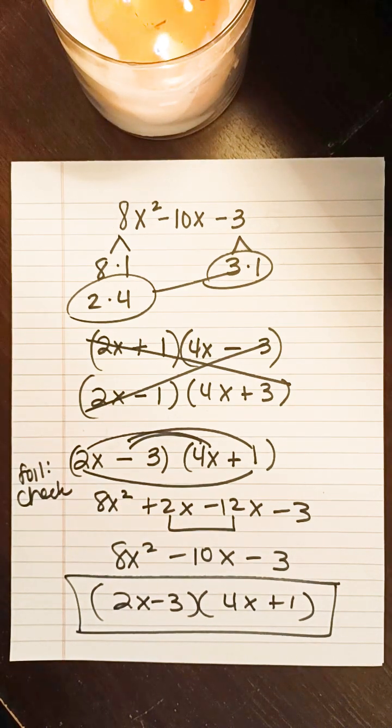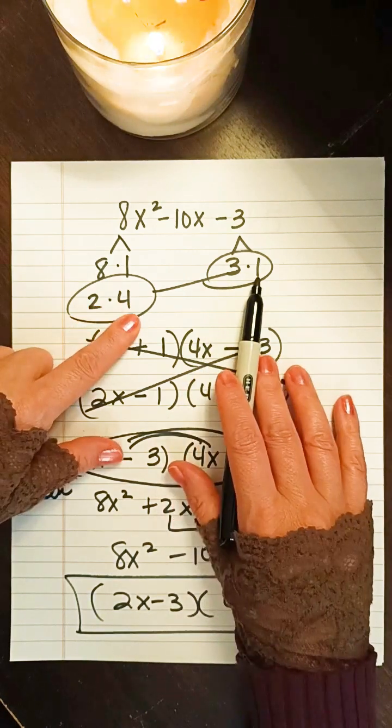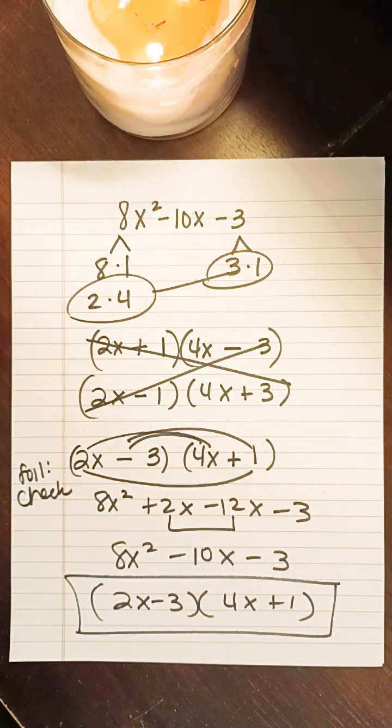So again, this is called trial and error because you do have to play with the numbers, but it's very easy. It's not difficult to play with the numbers. You just find the products of the first two terms, find the products of the last two terms, add or subtract those products to try to get the B term. And it looked like I did, and I placed them, and then it didn't work out.